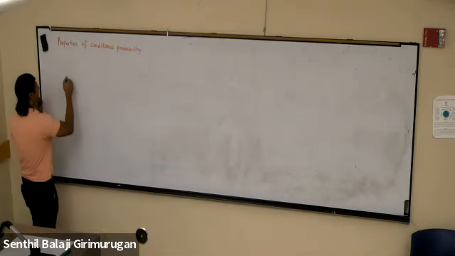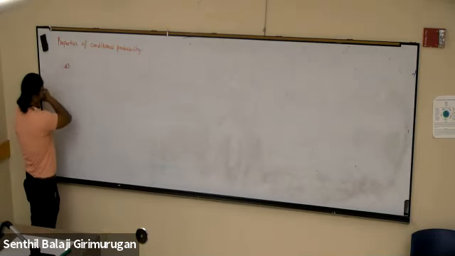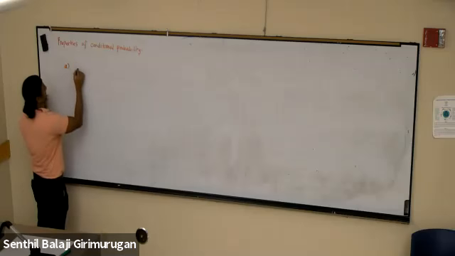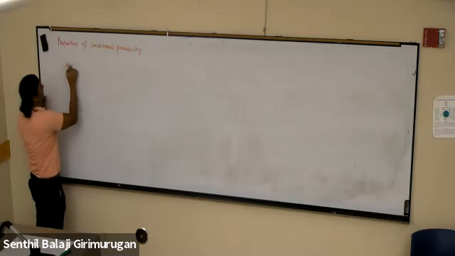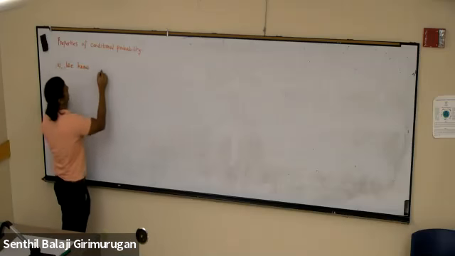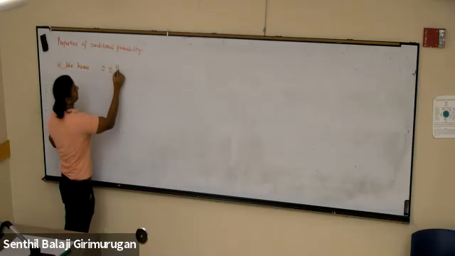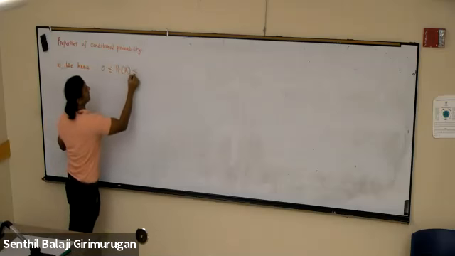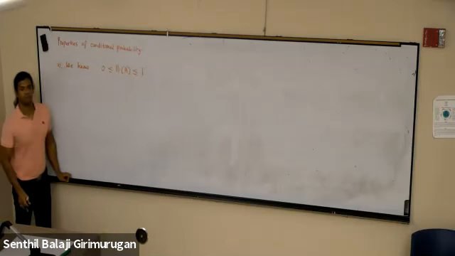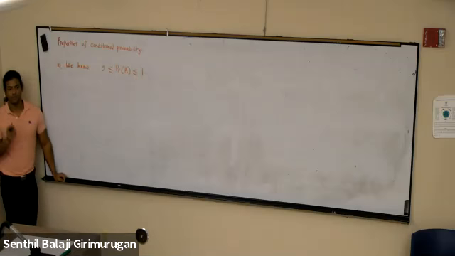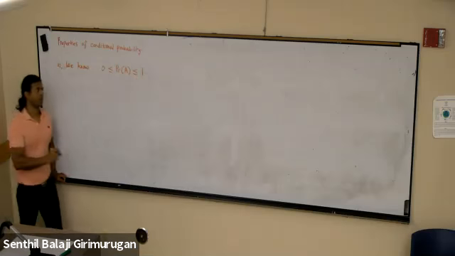We all know zero is less than or equal to the probability of A, which is less than or equal to 1. Yes, that is something we know. Certain event, impossible event, probable event, and so forth.